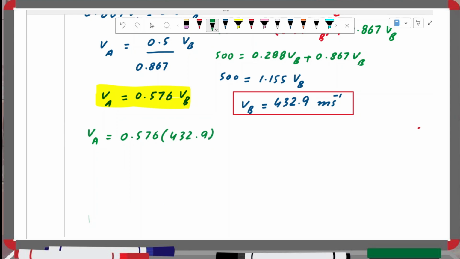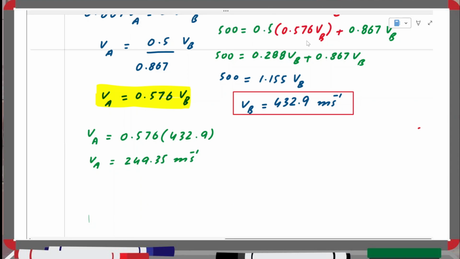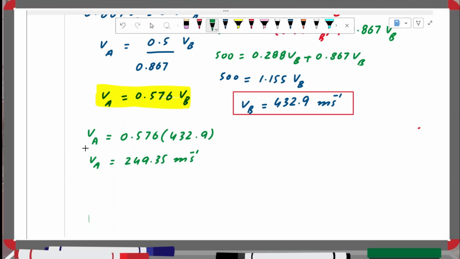So what do we get? 249.35. Okay, 249.35. Now this is the second value that we have.